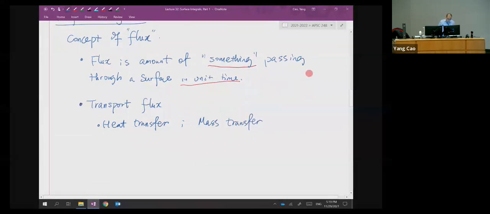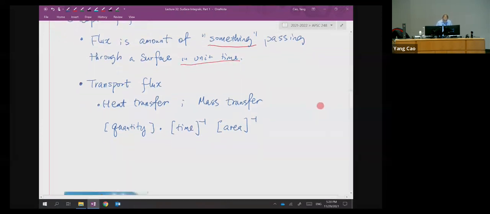In this transport flux concept, it essentially gives you an expression at the end: a quantity, times time inverse, and then times area inverse.